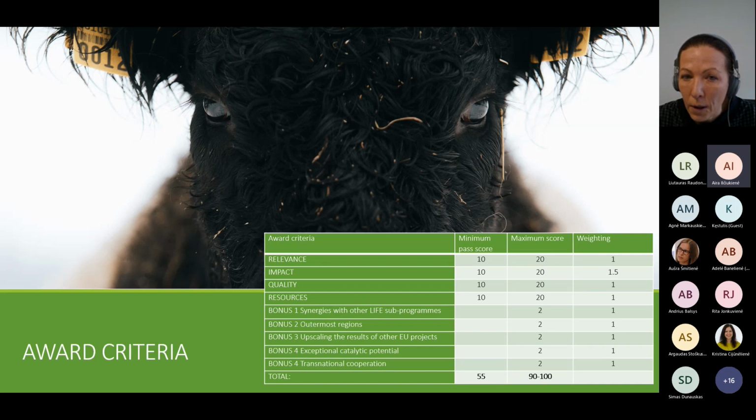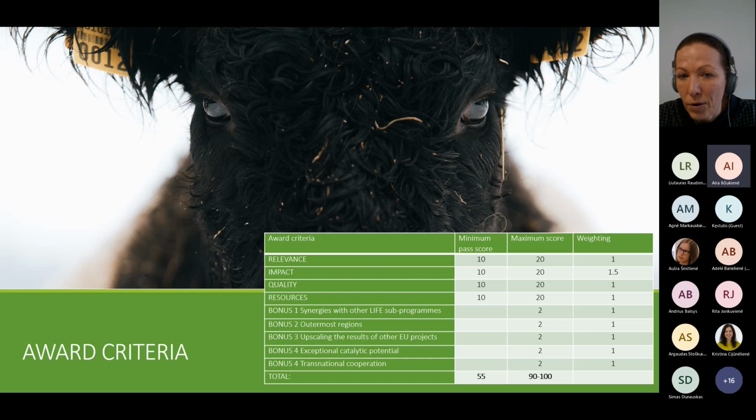Resources, 10 to 20. And then the bonus questions, I already mentioned some of them. Synergies with other LIFE programs, you see, you can get 2 bonus points. And believe me, those bonus points can make all the difference. Because there will be a competition, I assume, and 2 points is a lot. It could leave you above or below the line.